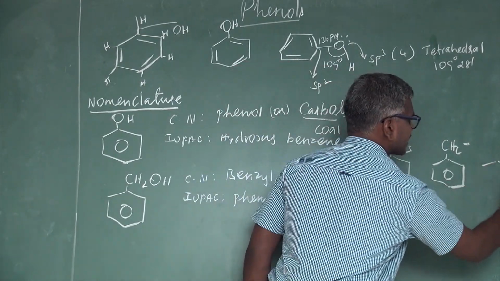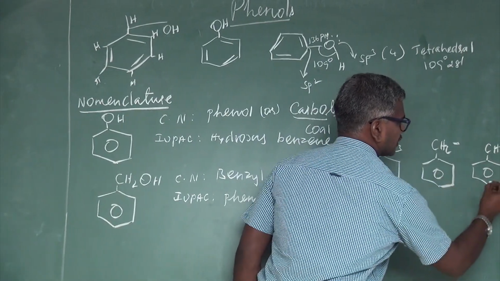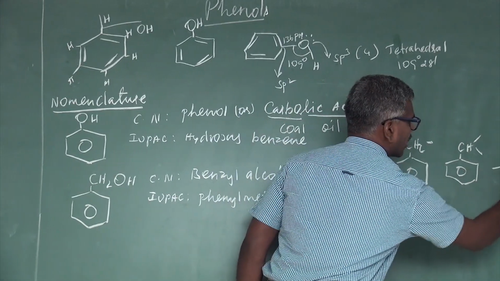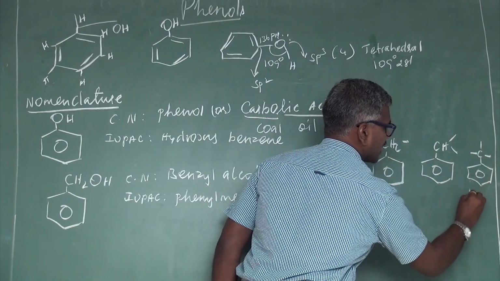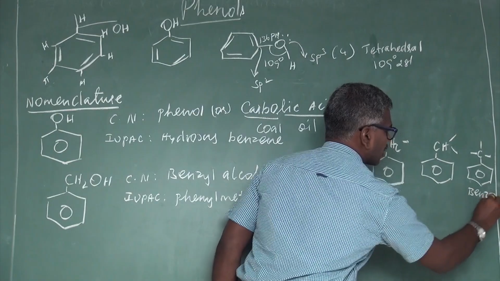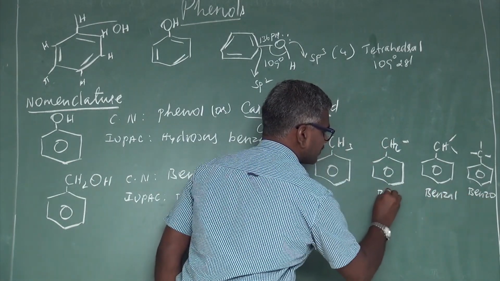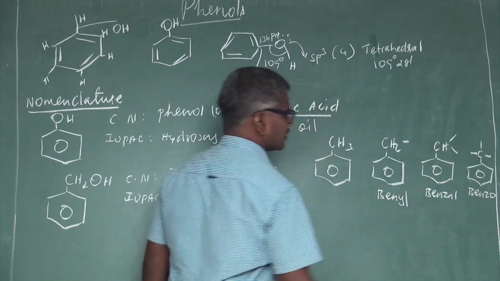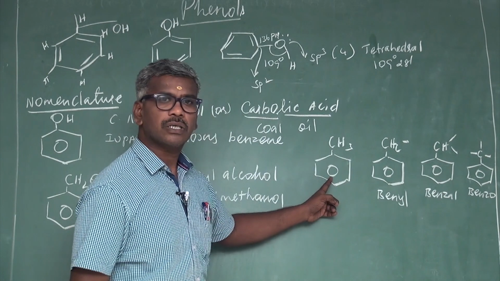One more hydrogen can be replaced, this is benzal. One more hydrogen can be replaced, this name is benzo. These are the major differences. These can be derived from toluene.